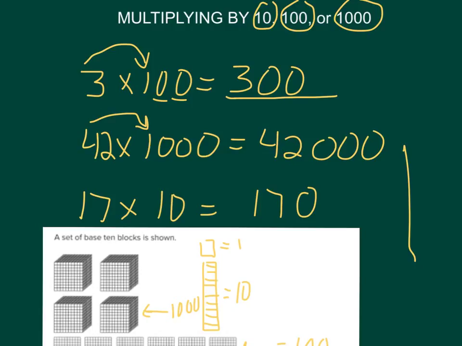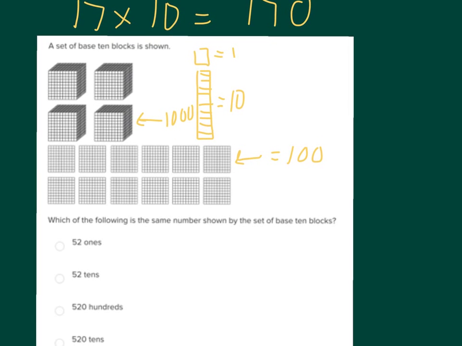So if we look at this next problem, we've got a set of base 10 blocks. It's talking about base 10 blocks. So with base 10 blocks, a single square represents 1. A strip of 10 in a row represents 10.